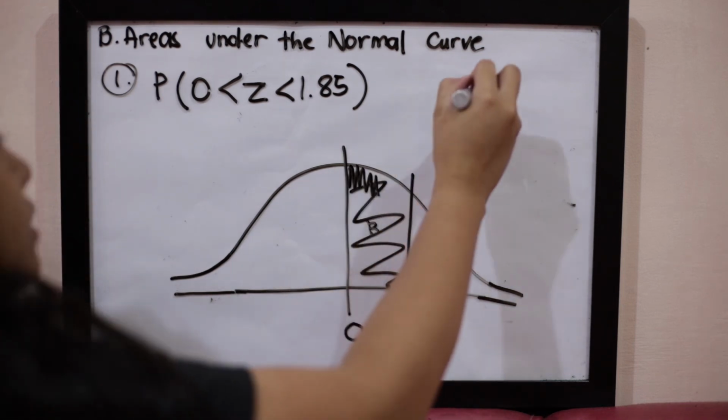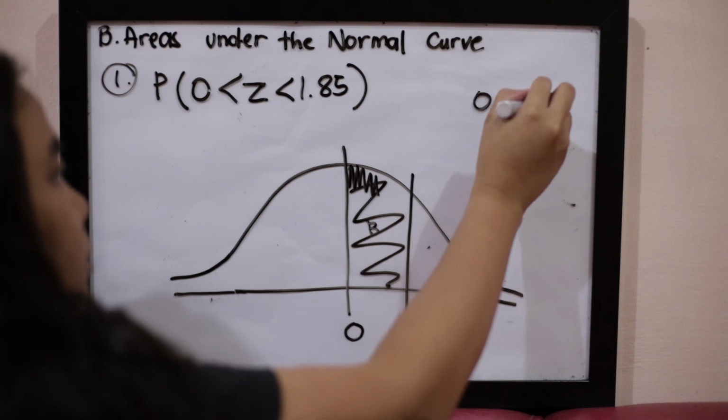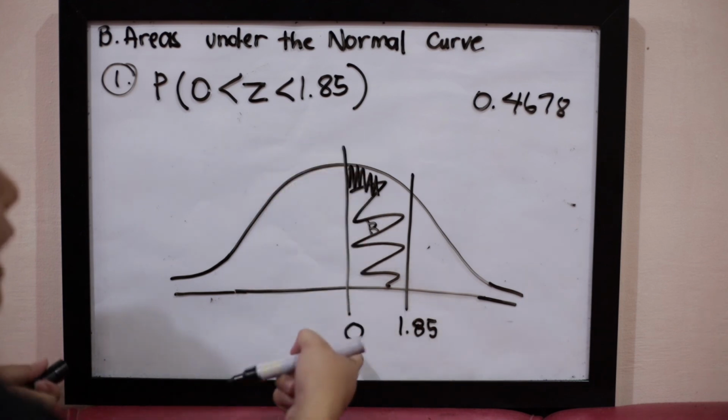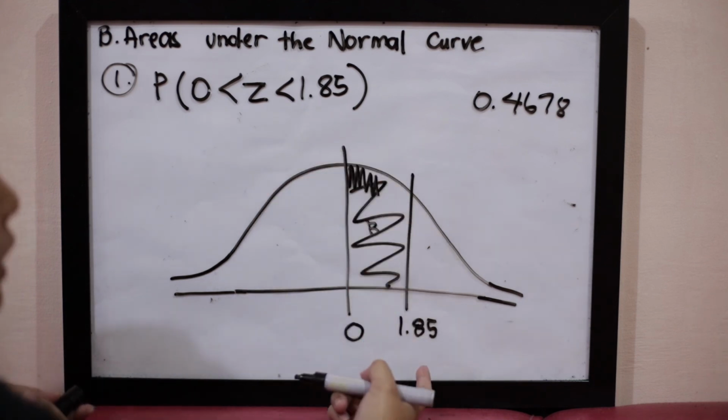Ngayon, ma'am, nasan yung 0.4678 na yun dito sa ating normal curve? Naalala nyo yung sabi ko kanina na the area na nire-reflect nung table natin is the area from 0 up to the given Z-score. So, again, yung value that the table reflects is yung value from 0 to 1.85.